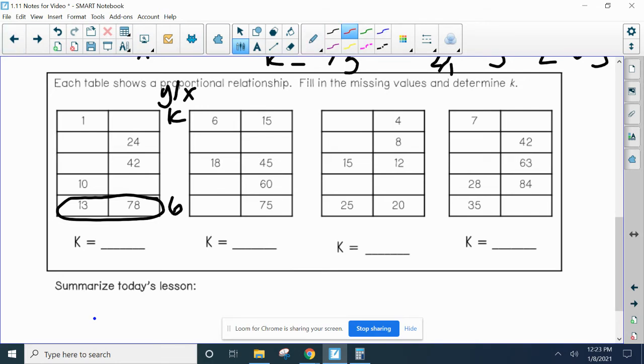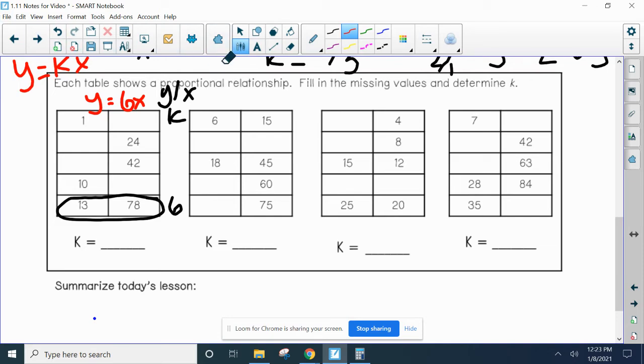So here, our relationship, we're going to go ahead and put our equation. We know that y is always equal to k times x, right? I want you to have that in your notes, but we're going to put it above this chart. So y equals k times x. But in this case, k is 6. So for this chart, we have y equals 6 times x.